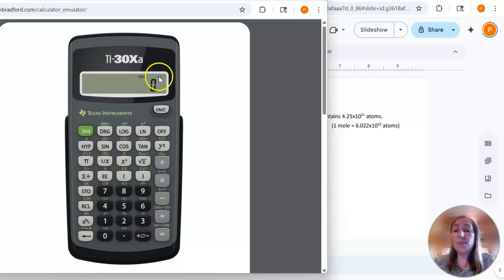And look how it shows me I'm putting this denominator in parentheses. And that was 6.022 times 10 y to the x, and then 23rd. And then I'll close the parentheses, and I'll get 0.00706. Now we had 3 sig figs, so we should have 3 sig figs here.